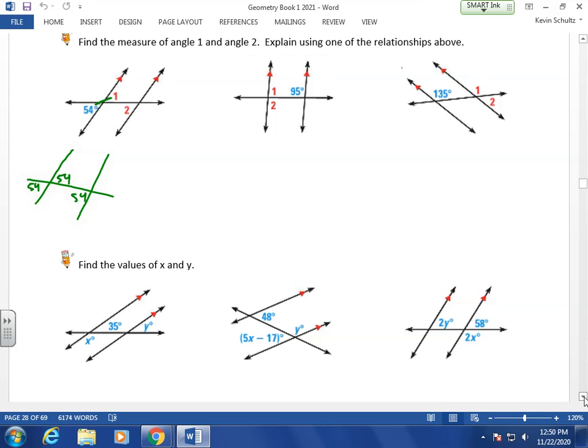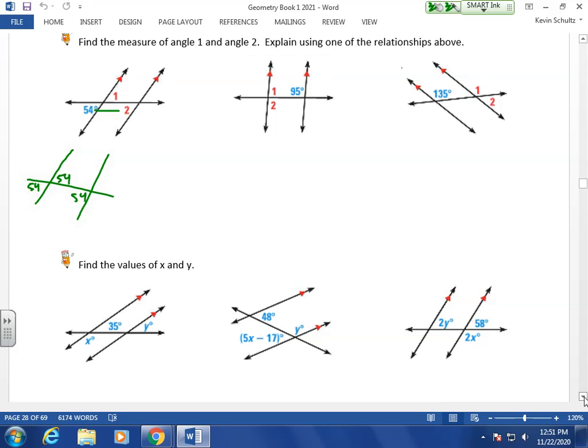You could also notice that 54 and angle 2 are corresponding, right? Same location, different vertex, both in that bottom left corner. So you could get angle 2 first because of corresponding angles, and then notice that angle 1 and angle 2 are alternate interior, and that would make them congruent, thus making angle 1 54 as well.